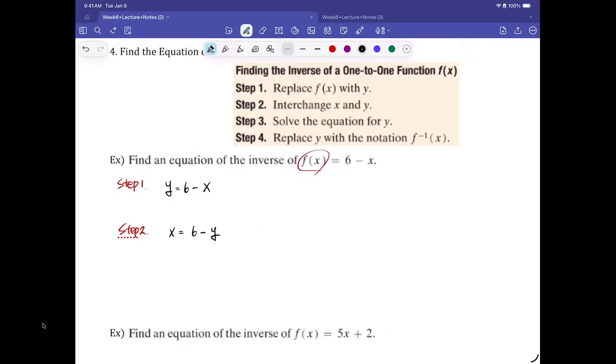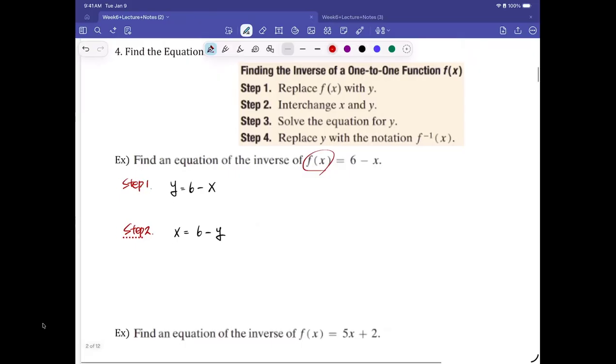And then step number 3. You have to solve for y. So I think we have to subtract 6. So x minus 6 equal to -y.